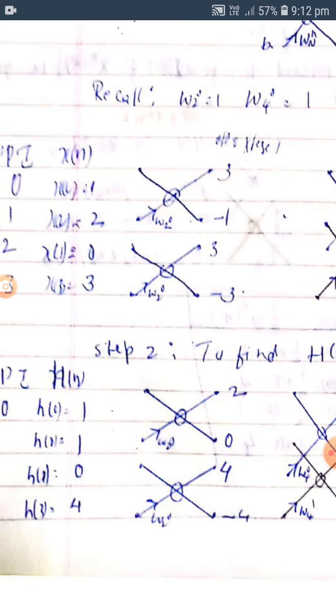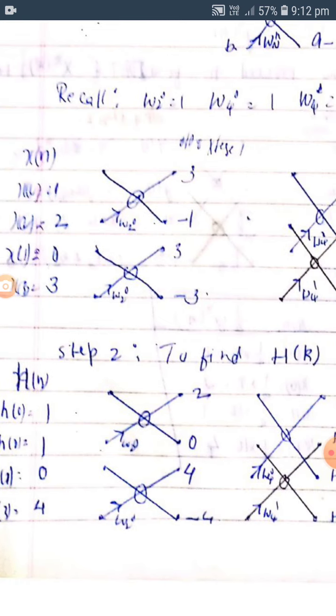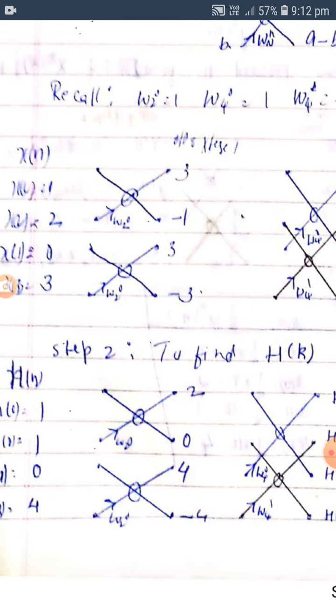Now each group contains 2 samples. Stop dividing. Then write this is h of 0, then h of 2, h of 1 and h of 3, name it as the first line. Then again you will have the 2 samples in each group. Then again same, omega 2 power of 0, then omega 2 power of 0.